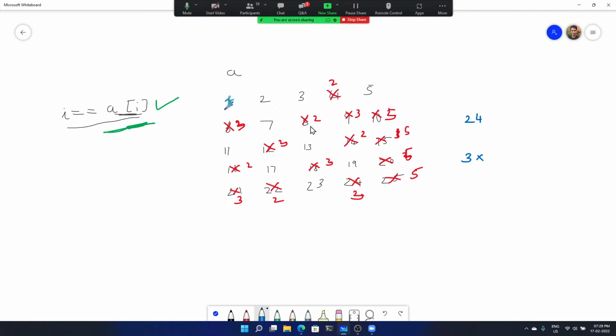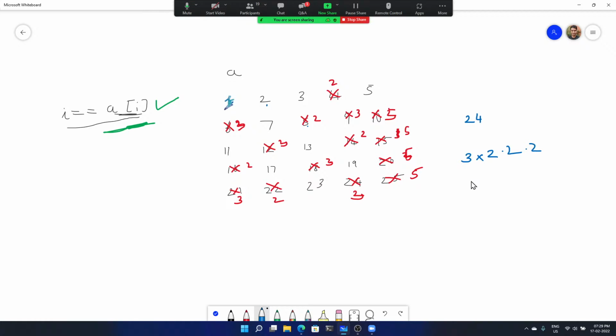So let's go to 8. Now you see 2, so I take 2. Now I go to 8 by 2, which is 4. Again I see 2, so I take 2. Then I go to 2. Again, 2 is a prime itself, so I again include 2.